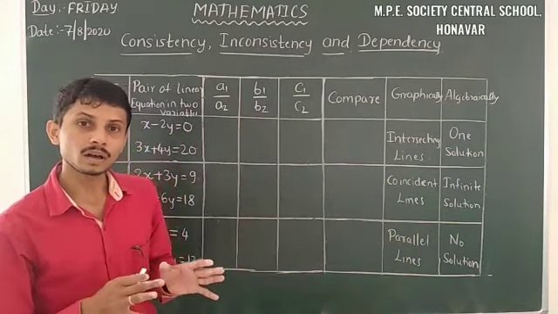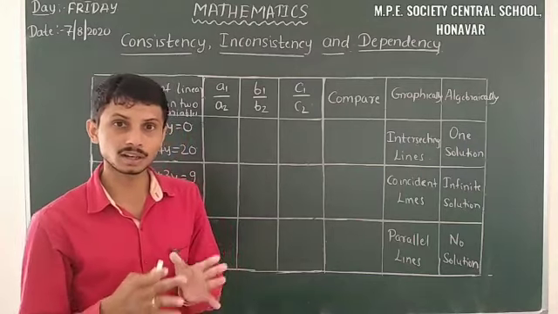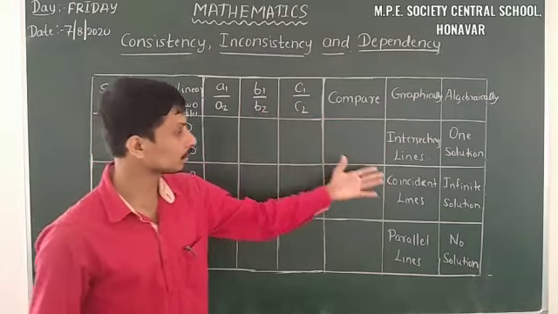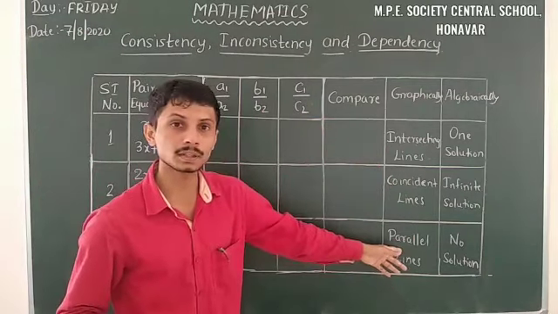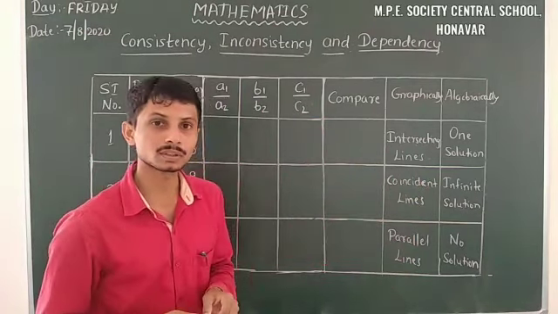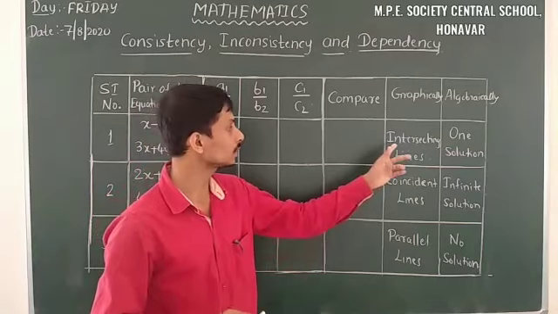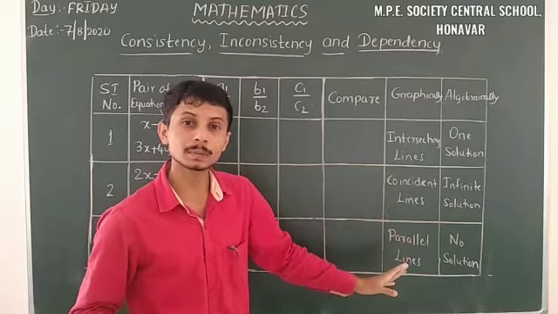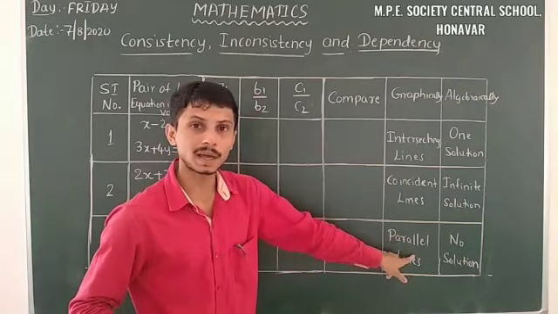We already categorized these: the consistent pair of linear equations, the inconsistent pair, and the dependent pair. A consistent pair means intersecting lines. An inconsistent pair means parallel lines.